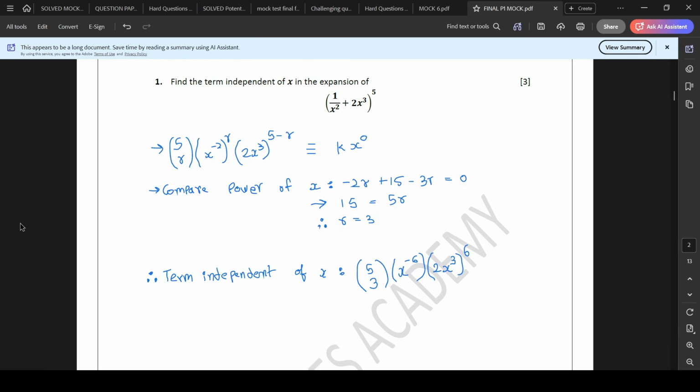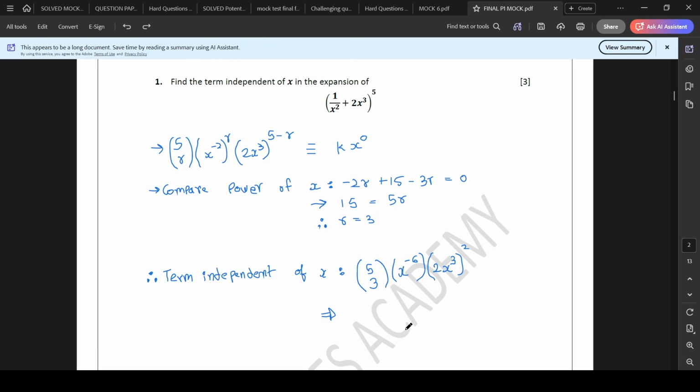Okay, wait, my bad. I should not have written it like this. I'll just write it like 5 minus 3, that is 2. Okay. Yeah. So over here, the x to the power of 6 will get cancelled out with this x to the power of minus 6. That is how we are going to get a term independent of x. So the term that we are going to get over here is 5C3 and 2 squared.